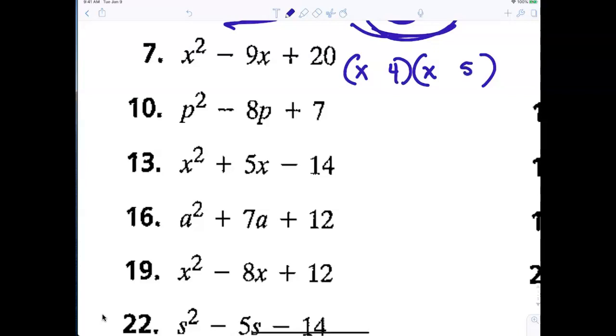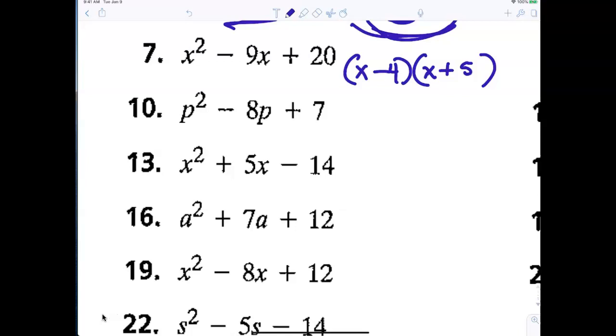Now I want it to be negative 9. So what are the signs? Yep. Now, if I said negative 4 and positive 5, that would end up being positive 1, wouldn't it?